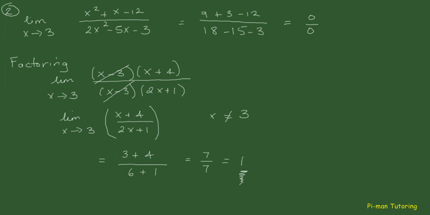And as we saw in the earlier visual example, it's perfectly okay for a limit to exist at a certain value of x, even though the function does not exist at that value. And that's all that's happening here.